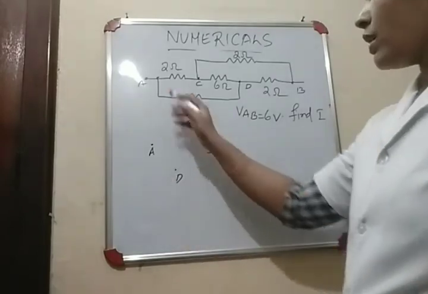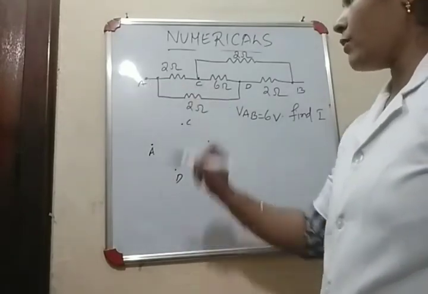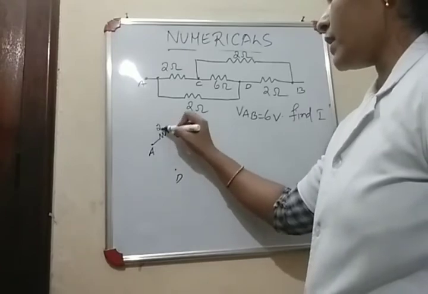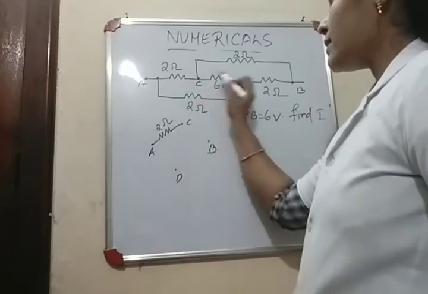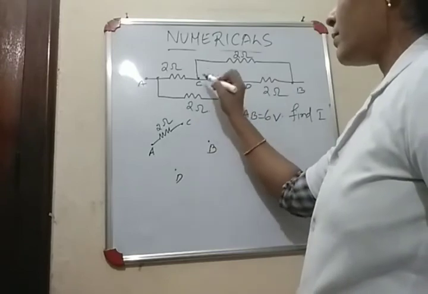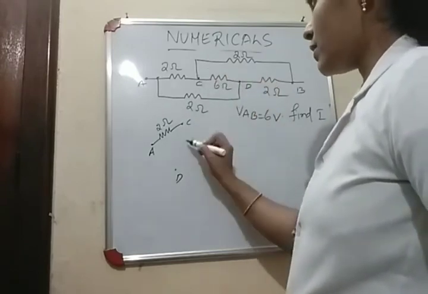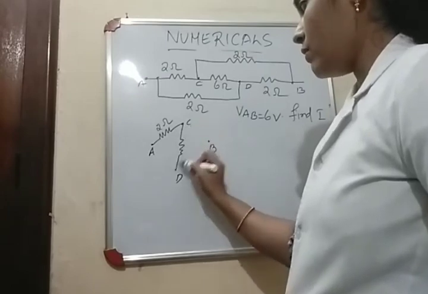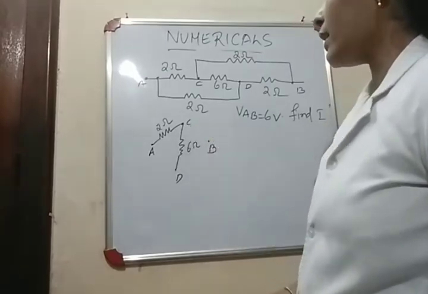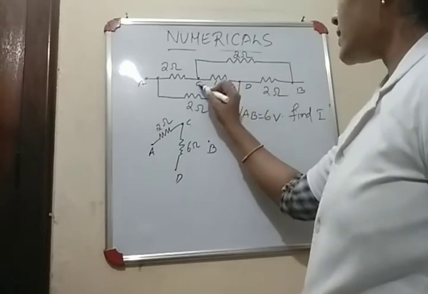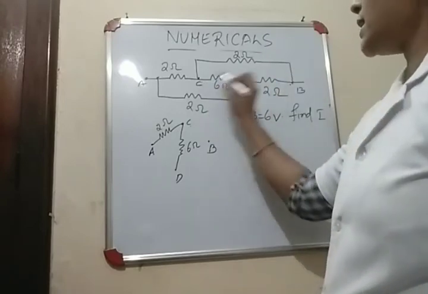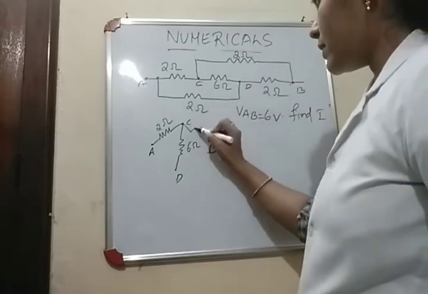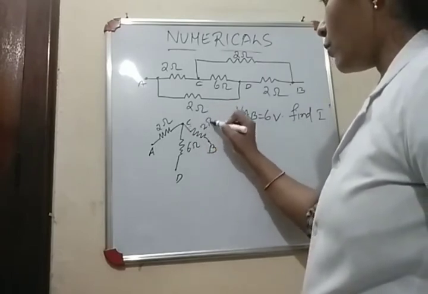Now between A and C we have one resistor, that is 2 ohm. Between C and D we have 6 ohm. Now between C and B we have 2 ohm.